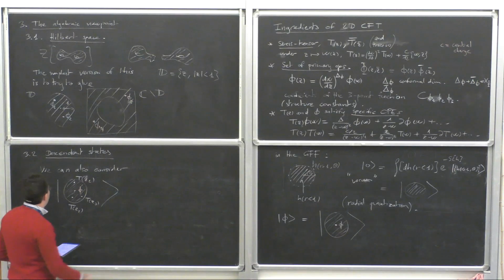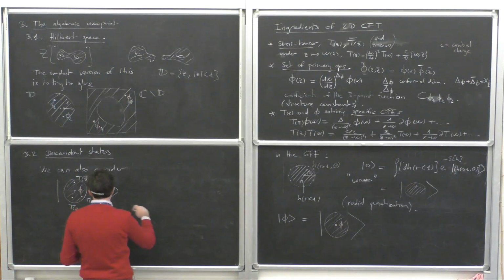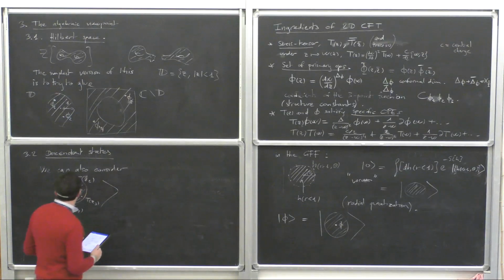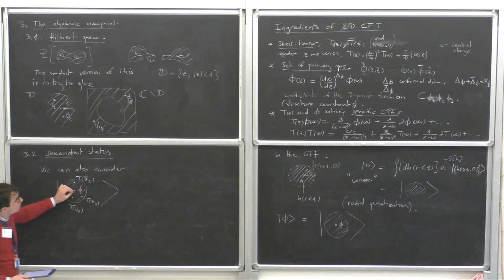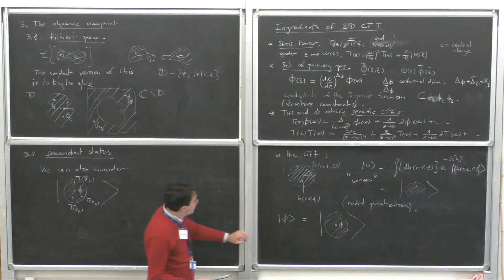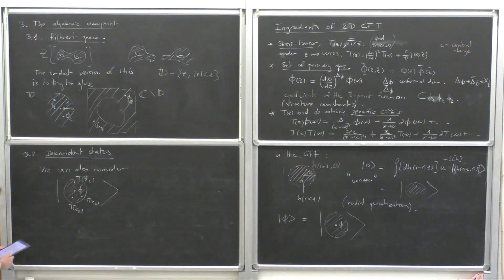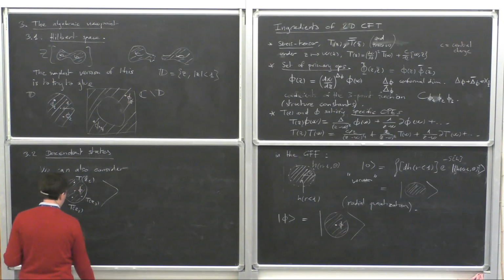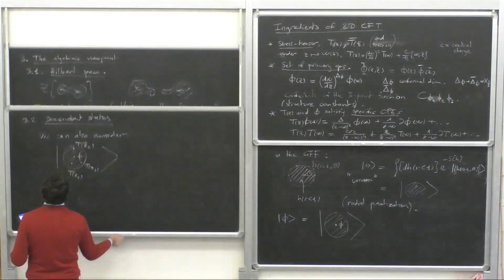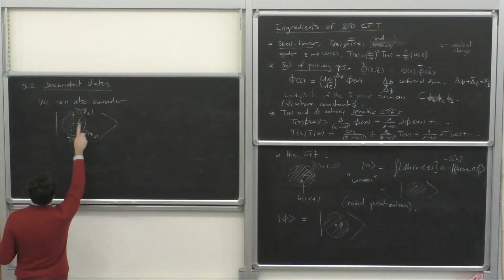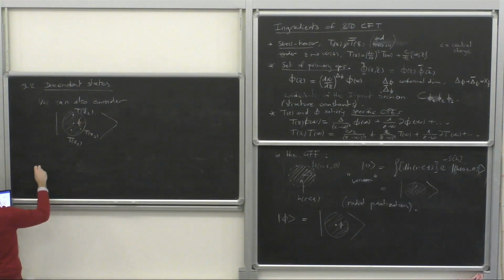States like this are no longer primary. They no longer correspond to a primary field. They are a linear superposition of what we call descendants, and it's not very convenient to work with these things, but there's a change of basis that makes it nicer.